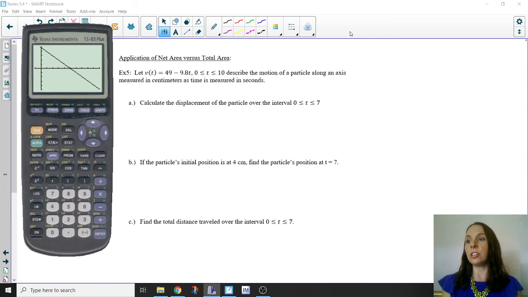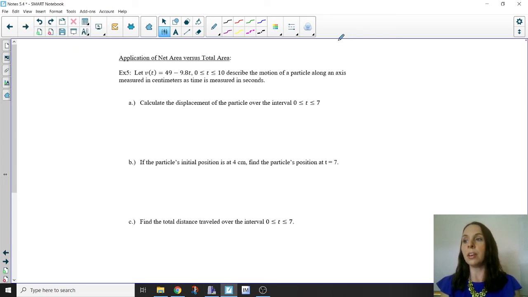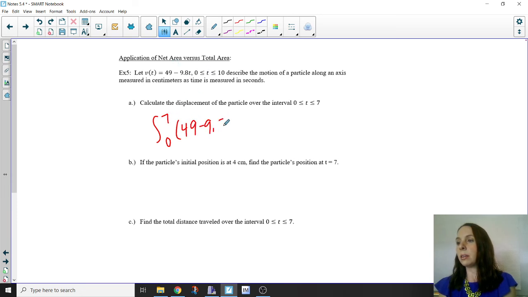If you are trying to calculate the displacement of the particle over the interval from 0 to 7, you can just set up an integral from 0 to 7 of your velocity function. Put a dt there because we have our velocity in terms of time. And that's going to give you your displacement.